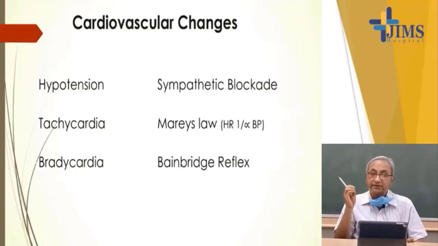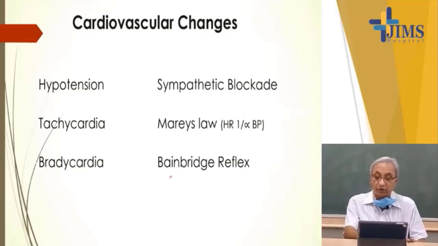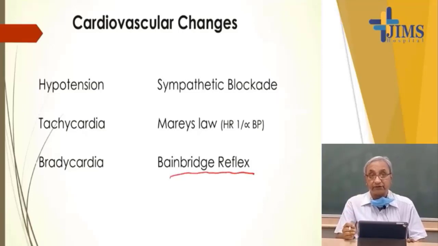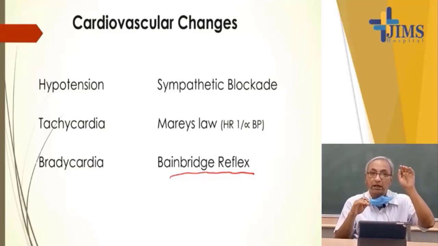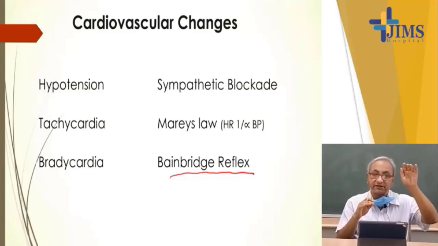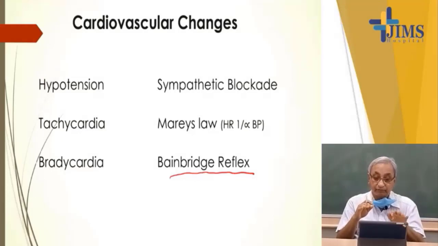But in regional anesthesia, another very important reflex called the Bainbridge reflex comes into play. What does the Bainbridge reflex do? It causes bradycardia. The low blood pressure leads to tachycardia, while the Bainbridge reflex causes bradycardia.